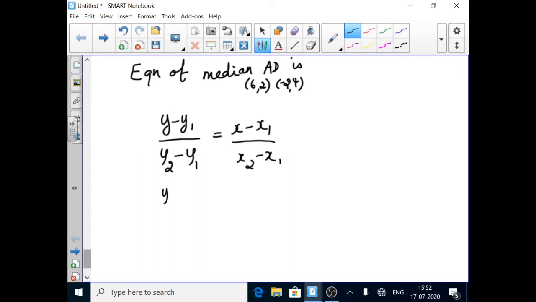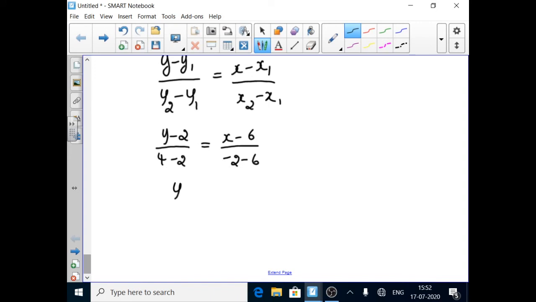So (y - y1)/(y2 - y1) = (x - x1)/(x2 - x1), using the points (x1, y1) and (x2, y2). So y minus 2 over 4 minus 2 is equal to x minus 6 over 2 minus 6.